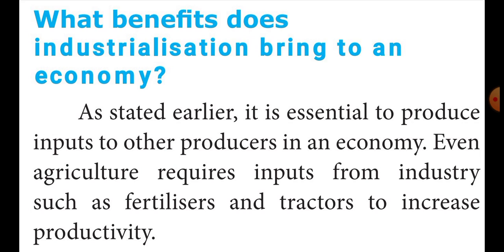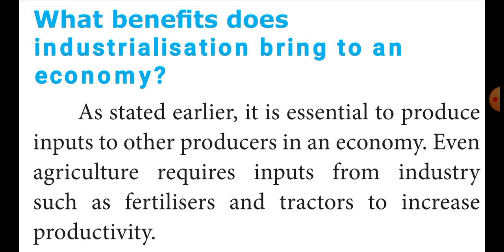Okay, listen students, it is essential to produce inputs for other producers in an economy. That means even agriculture requires inputs from industry. Agricultural areas also need help from industries. For example, the fertilizers are produced by industries, is it?